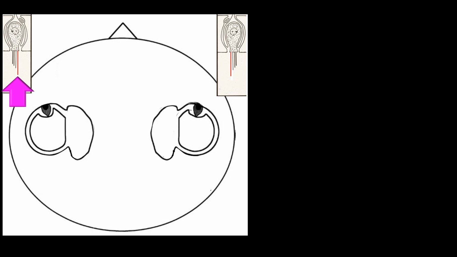And now to the largest and thickest cilia, called the kinocilium, represented here in red. The kinocilium in the left lateral semicircular canal is closest to the utricle. This is so in both lateral semicircular canals, as shown here.